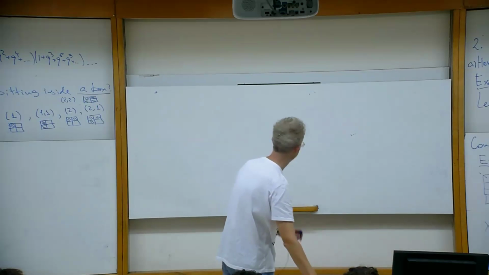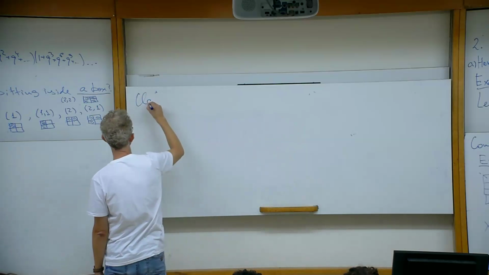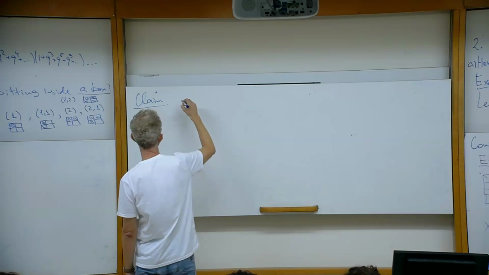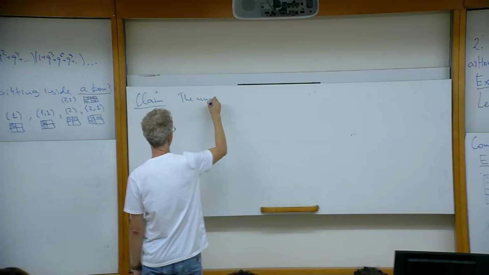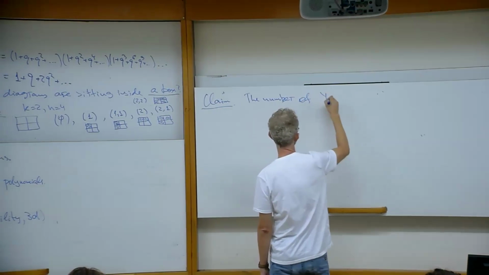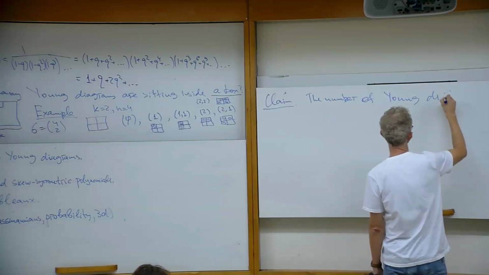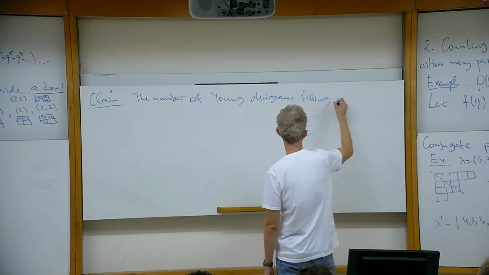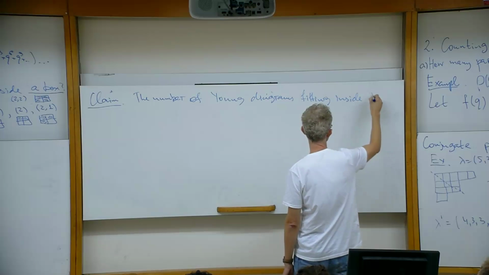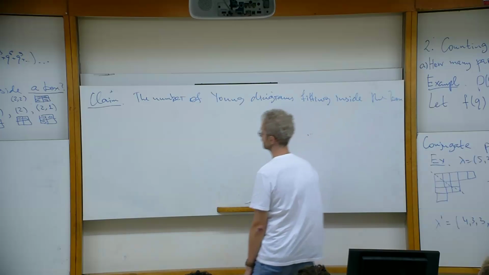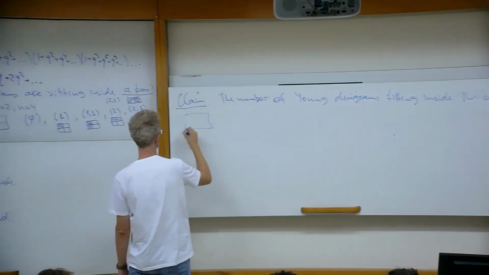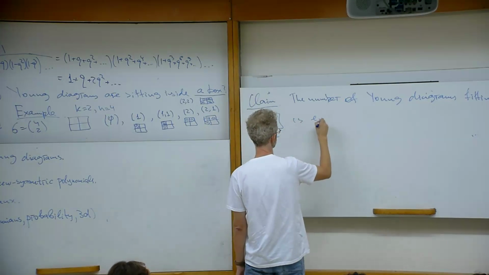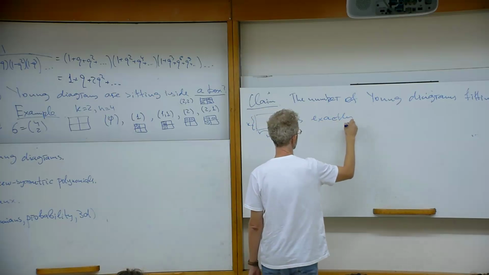Let me put it as a claim: the number of Young diagrams fitting inside the box of size k by n minus k is exactly n choose k.